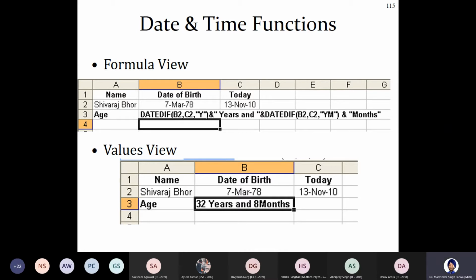Now see, here a combination of text and the date and time functions are both used in order to beautify it. Here you can see the inverted commas and the ampersand are also used. But if you use it as it is, there is no gap between 8 and months in the answer.